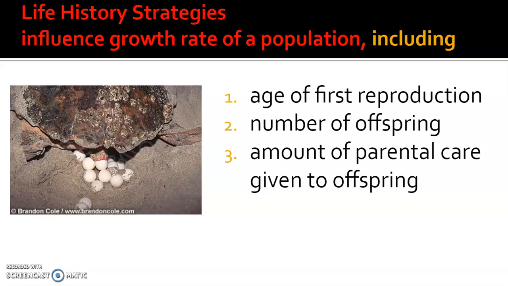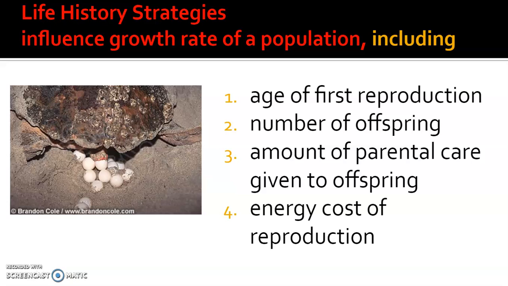Do we care for that offspring for an extended period of time, or do you basically just lay the eggs and you go about your business? And then finally, the energy cost of reproduction. Is it a costly event? Is it not a costly event? Think about a fly laying eggs versus a female human carrying a baby for 9 months.